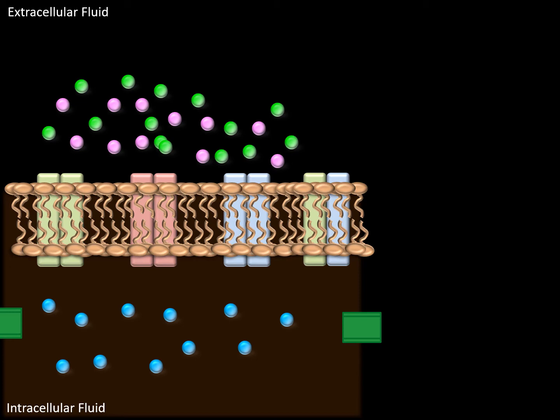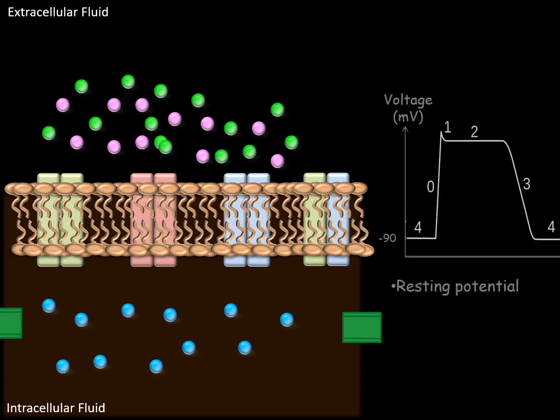This is generating the potential difference. Relatively inside the cell there is negative potential because less positive ions are present. It is approximately minus 90 millivolt, and this state is called resting potential.